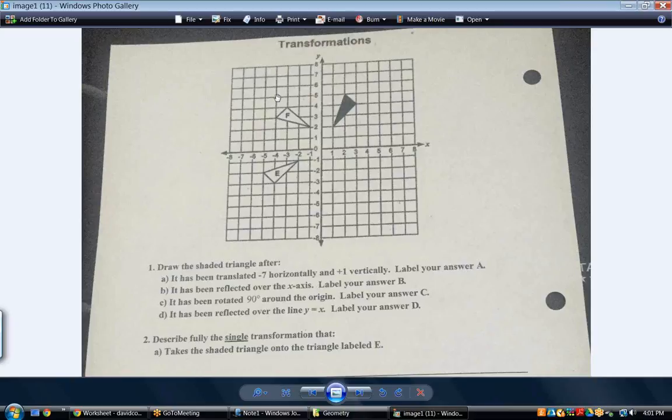I think, let's see, if we do the 90 degree rotation, this point becomes right there, right? Instead of 1, 2, it becomes negative 2, 1. Now hold on. If you reflect that over the y-axis, then this point becomes that point.